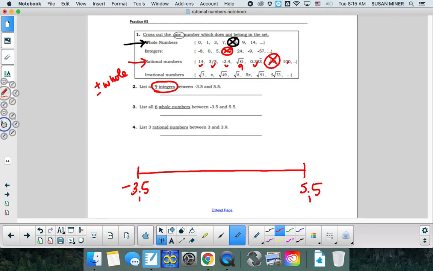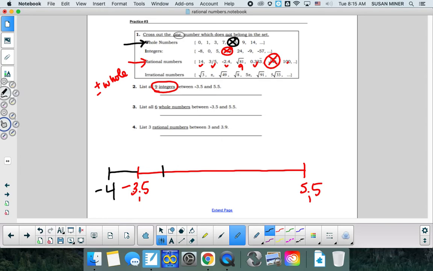So I'm thinking in my mind like a number line, or you can draw it on your paper like I did. And then I'm saying, okay, well, what would be too far, right? What negative whole number would be next? If I'm going from negative 3.5, what's the next negative whole number I would get to? Well, it would be negative 4, right?